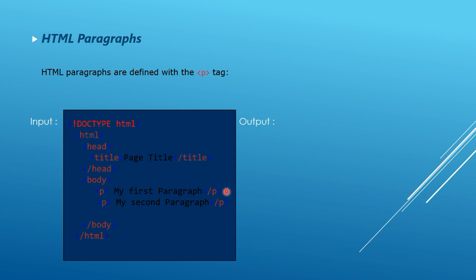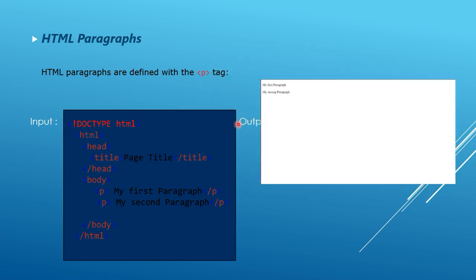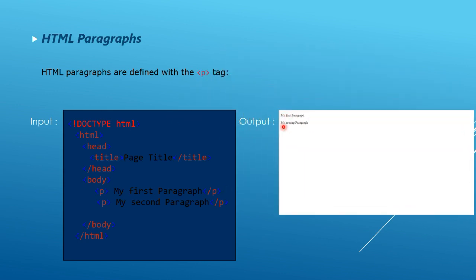To change the size, we need to learn CSS, cascading style sheets, and in the same playlist I will add that tutorial too. When you put this code, this is how a paragraph looks in your output: my first paragraph, my second paragraph. So next, let's go to the next slide.